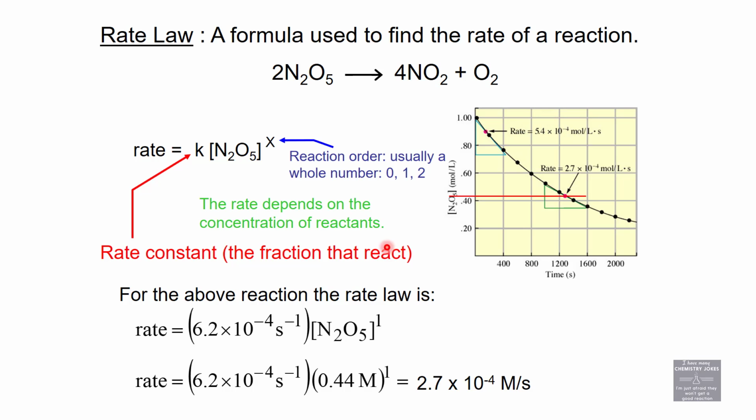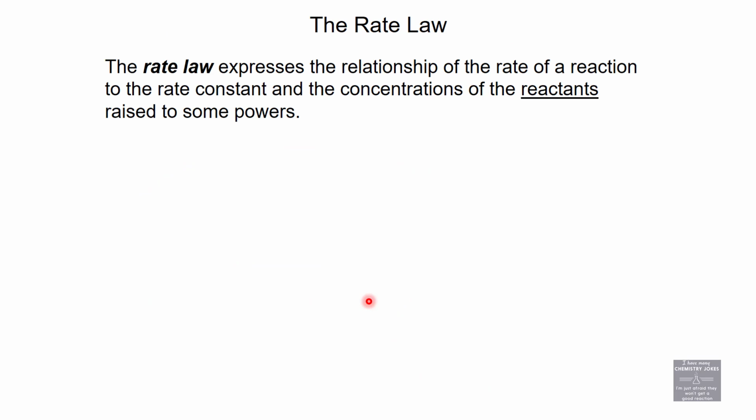I said earlier that being a 1 means this is a first order reaction. I know we're presenting a very discombobulated set of information right now, but let's stay with it for a second. The rate law expresses the relationship of the rate of reaction and the rate constant to the concentration of the reactants, and only the reactants, raised to some exponent. So if you have this given favorite reaction of ours, you could see a rate law that looks like this.